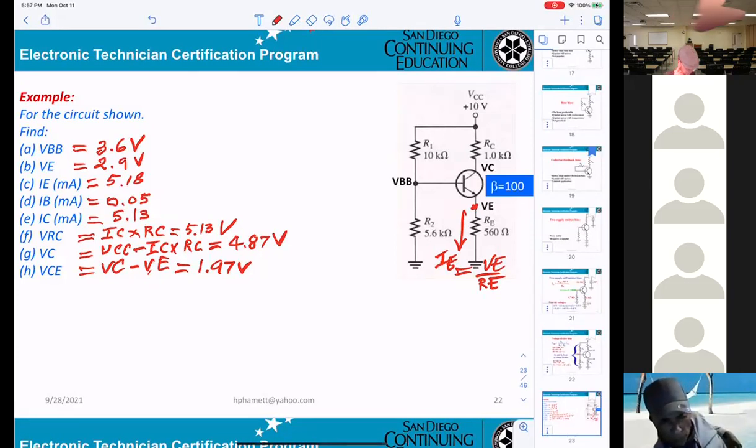Okay, I was a little confused because on the previous slide it says IE equals VE divided by IE. Sorry, so it's RE. Okay, so yeah, on the previous slide, I think there's a mistake. Okay, anything else? If not, we go.